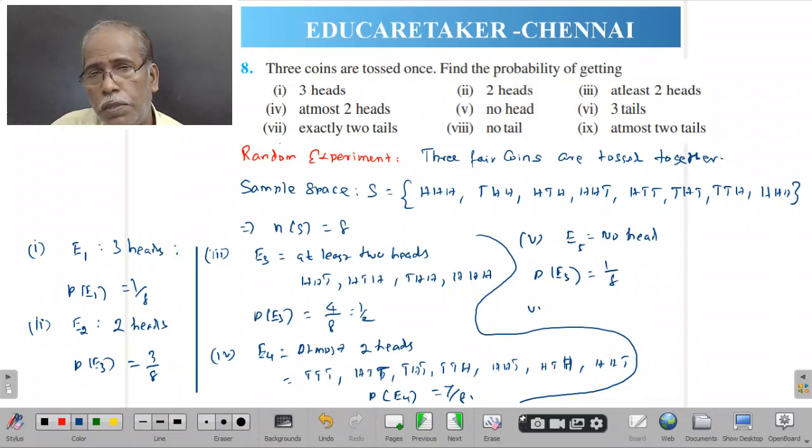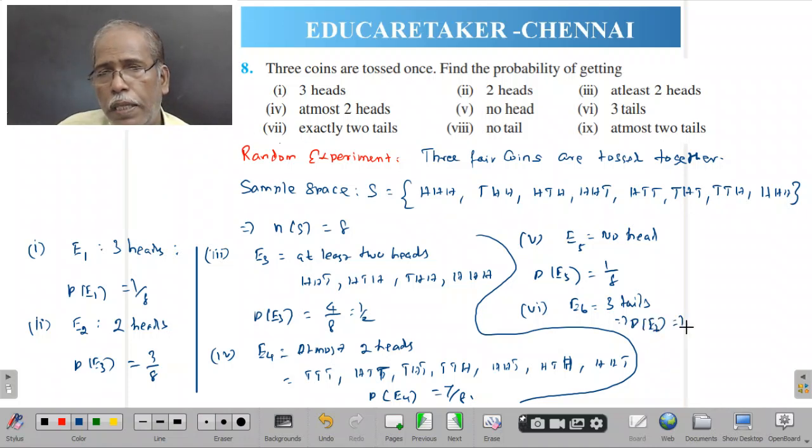Then subdivision 6, E6, 3 tails. 3 tails only one possibility, so this implies P of E6 is 1 by 8. Okay, then question number 7, exactly 2 tails, E7.